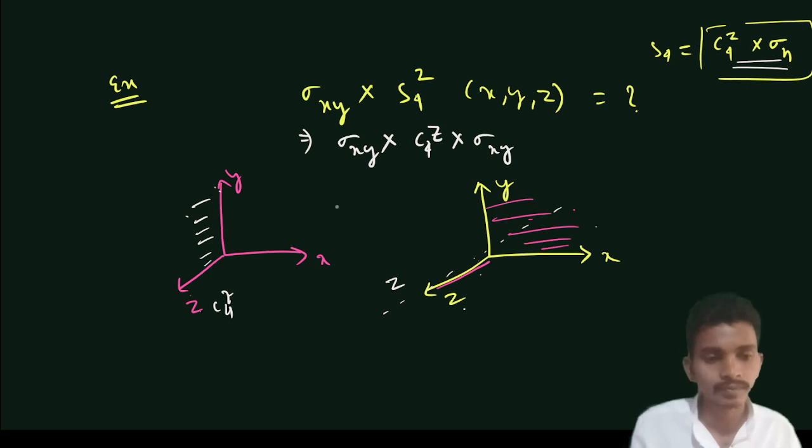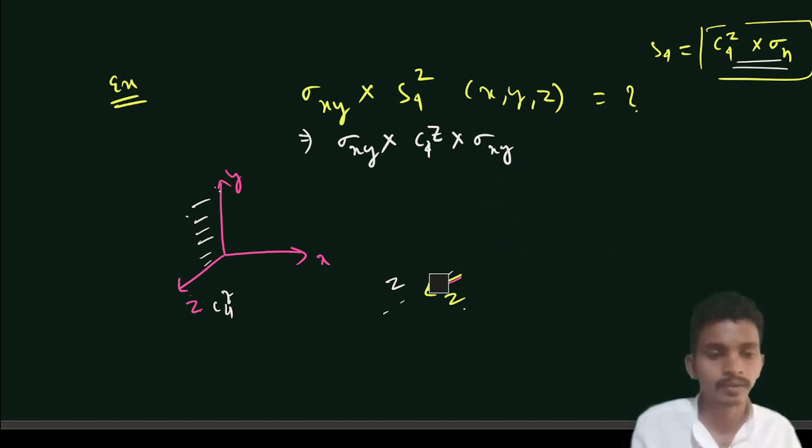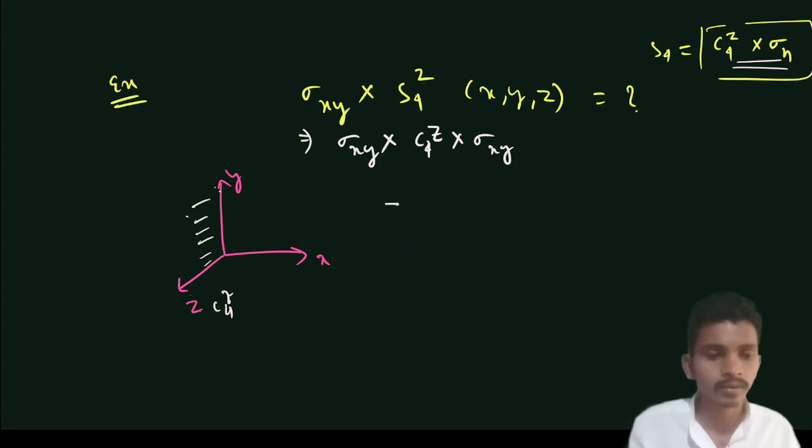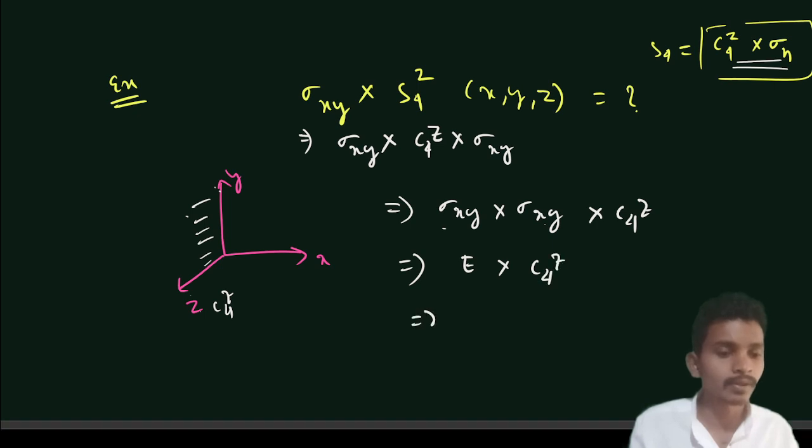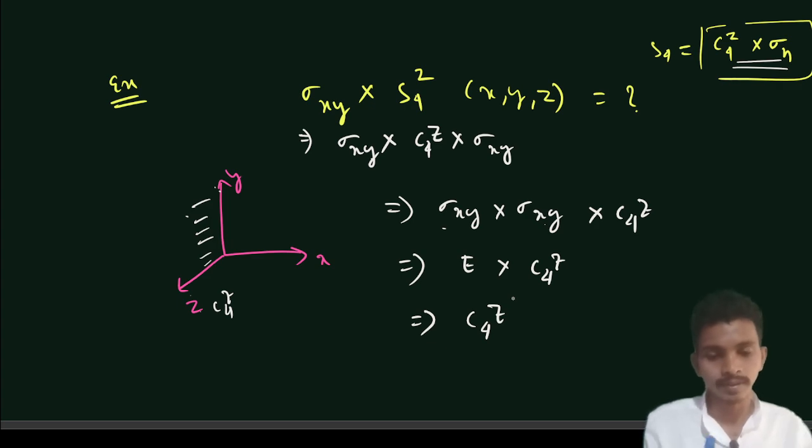Okay, now I will erase it. So here this is xy, this is xy. Okay, so sigma xy into sigma xy, that gives into C4Z, and the same molecule will give rise to E, and that is C4Z, because sigma xy and sigma xy are the same planes.